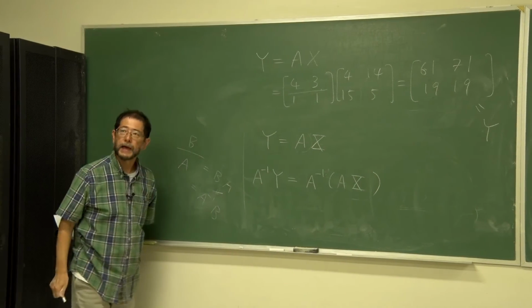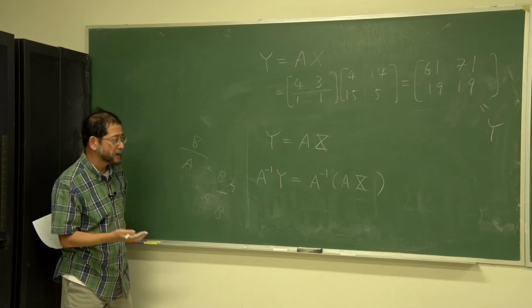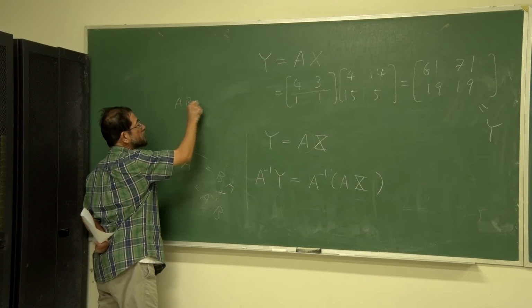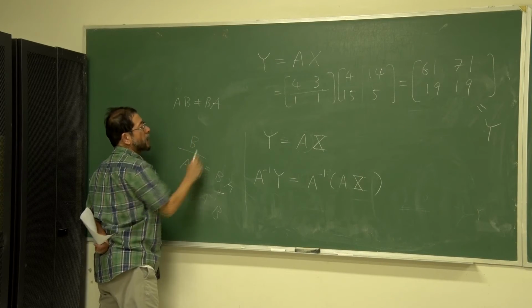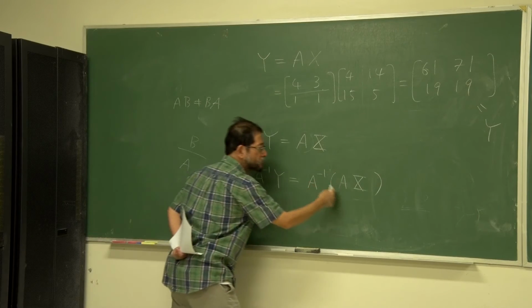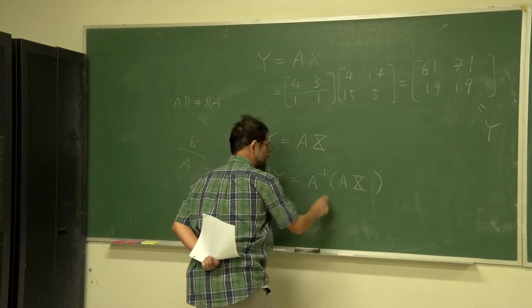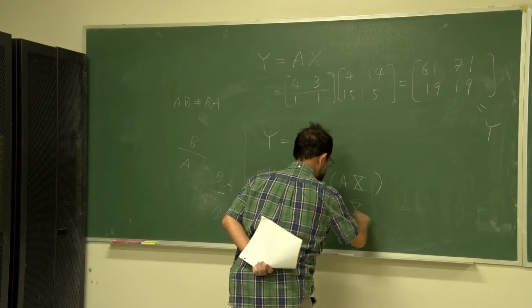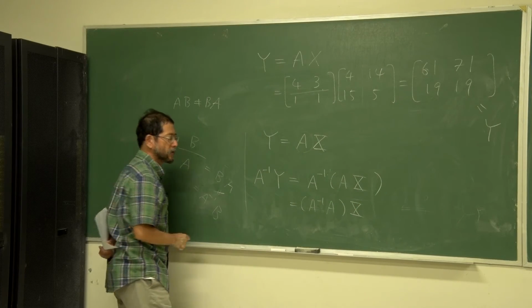Okay. And then in this course we don't prove it, but although the matrix multiplication is not commutative, however, it is associative. So in other words, you can regroup like this, okay? So they are equal.